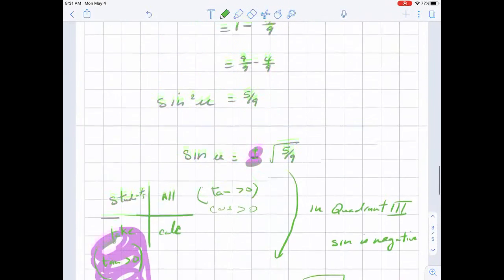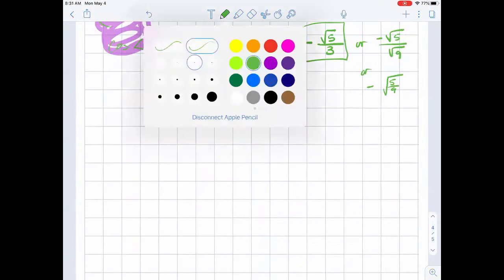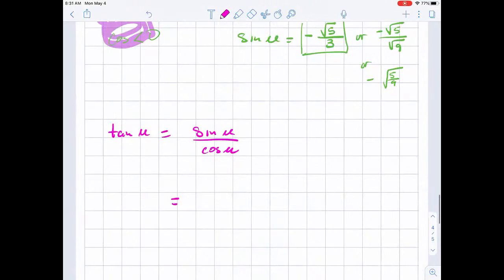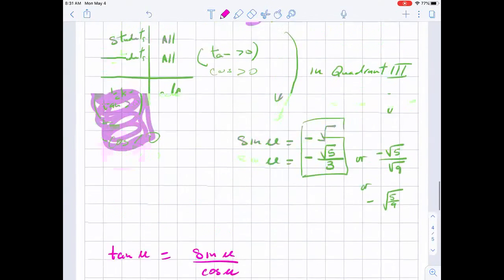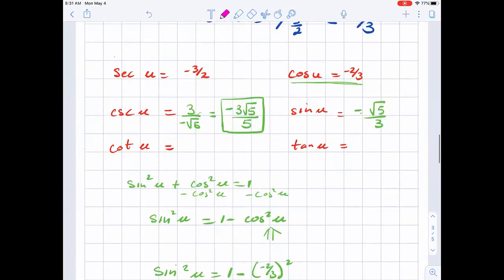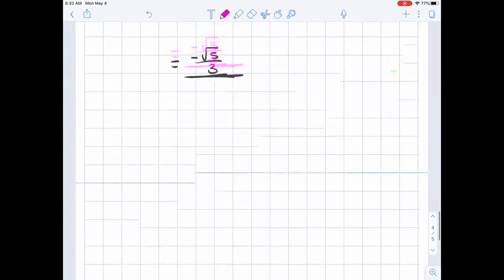Now let's see if we can figure out tangent. Tangent of u is sine u over cosine u. We have sine, which we know is minus radical 5 over 3. I'm going to divide that by cosine, which was given as minus 2/3, or implied given.